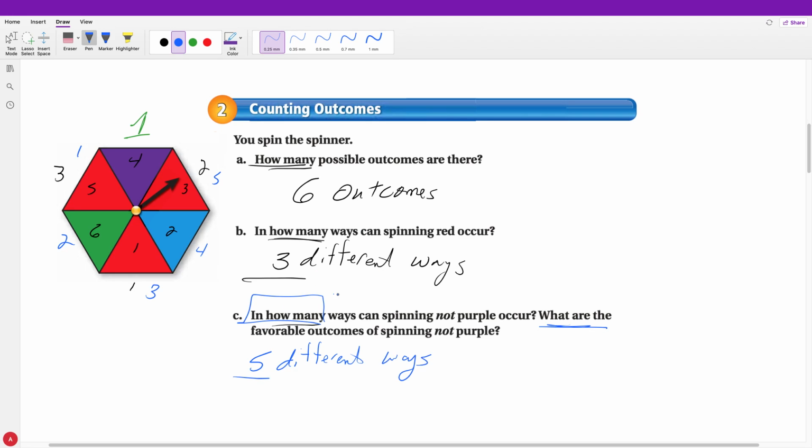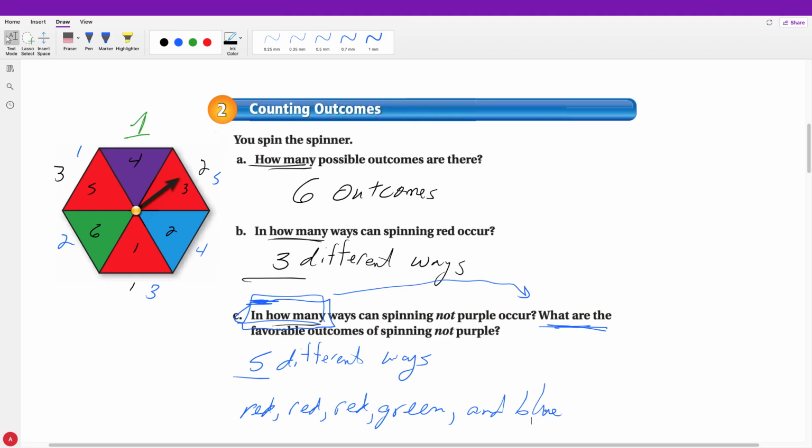You see there's a difference between how many and what are. For how many, we're simply saying the number. For what are, we actually need to list them. So we have red, red, red, then we have green and blue. When we say what are, you actually need to list them. When we say how many, you just simply need to count them.